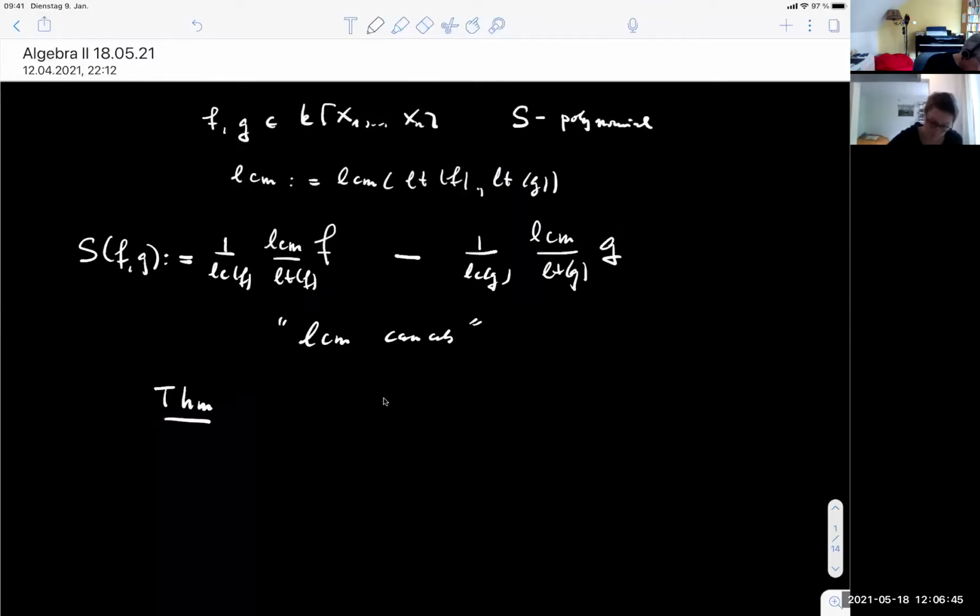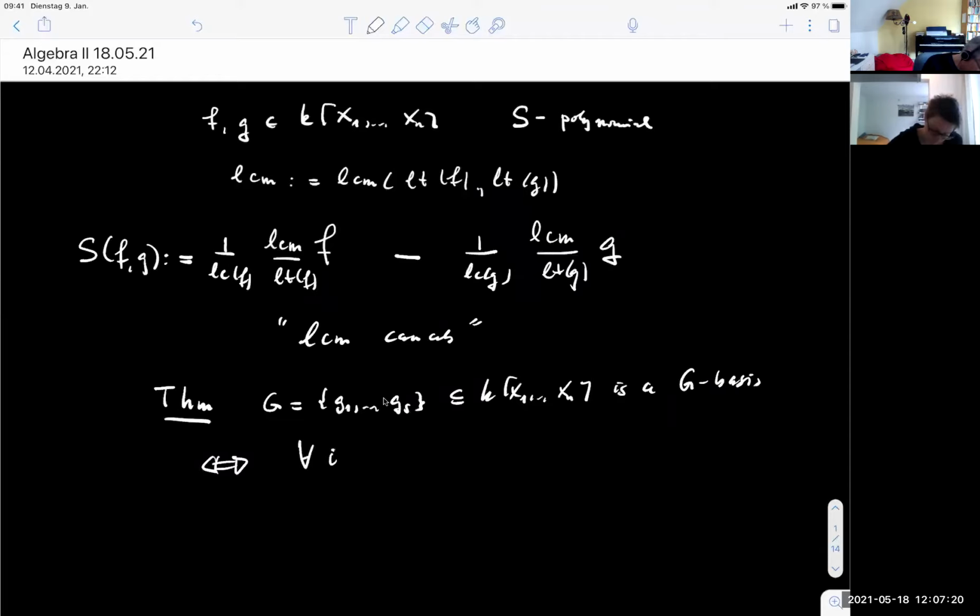The theorem was the following: a collection of polynomials G1 up to GS in a polynomial ring is a Gröbner basis (I just say G basis to save some space) if and only if the following holds.